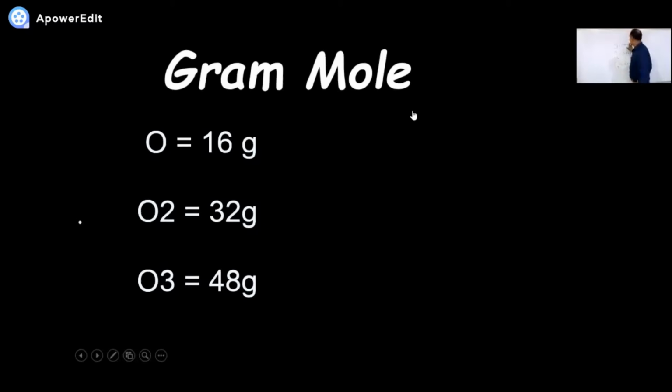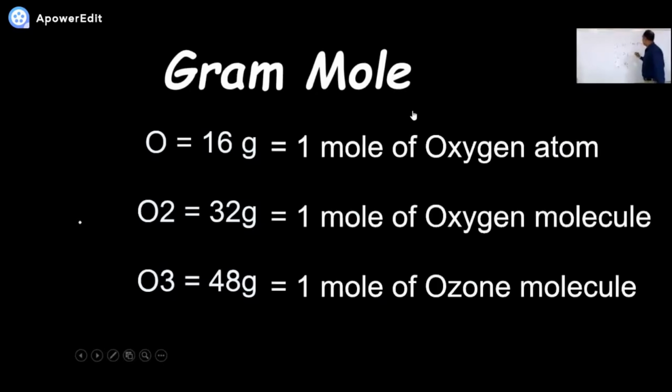If you represent them in grams, gram atomic mass, gram molecular mass, for 1 atom of oxygen, it will become 1 mole of oxygen atom, 1 mole of oxygen.